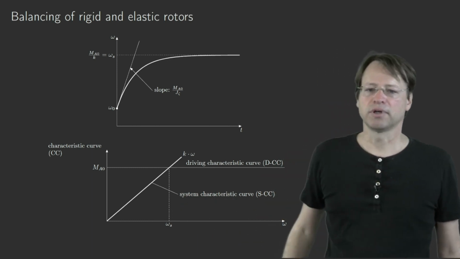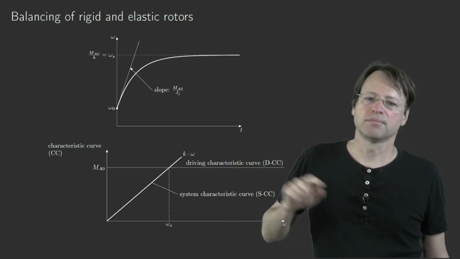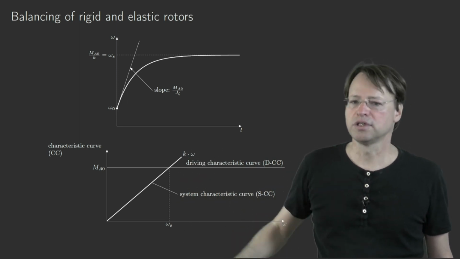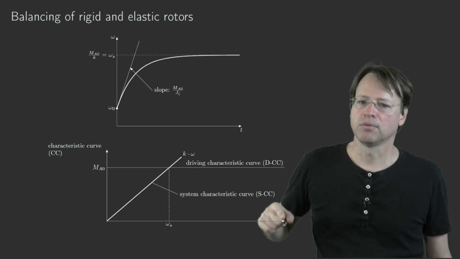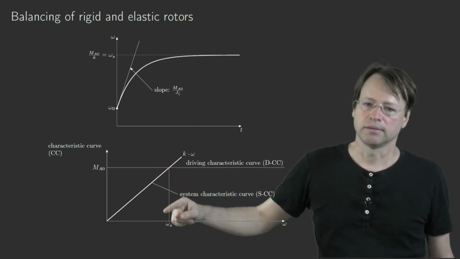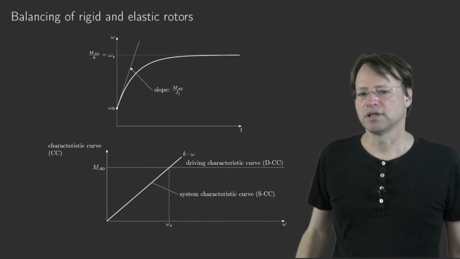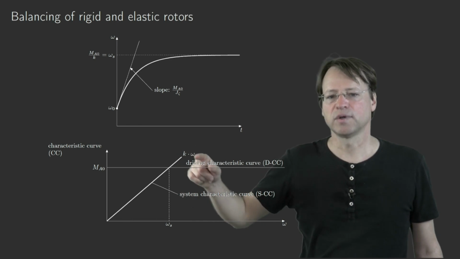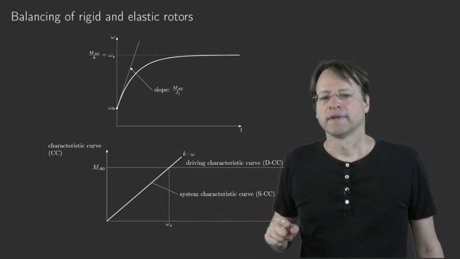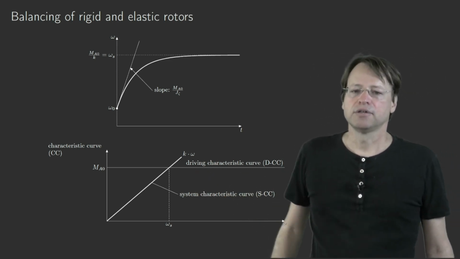of stationary operation. Now you can see, if the system characteristic curve is computed for k equal to 0, you get a parallel line to the omega axis. So the two lines are independent of omega, the driving characteristic curve and the system characteristic curve are both independent of omega, but they are parallel to each other.